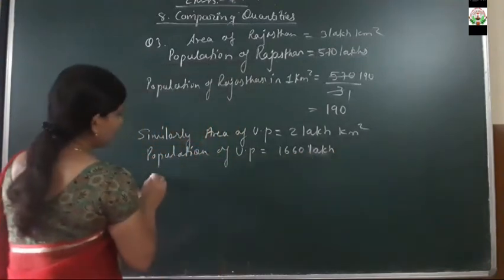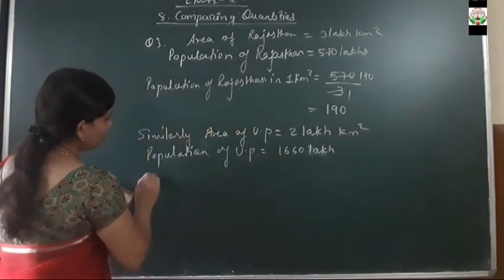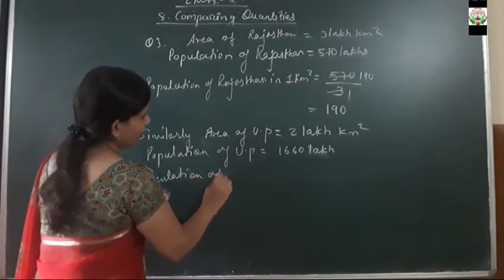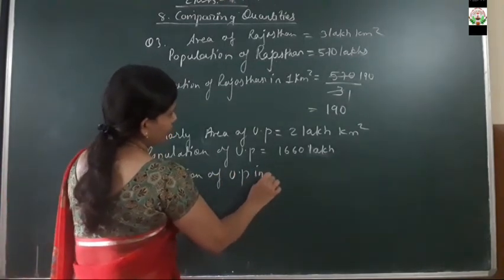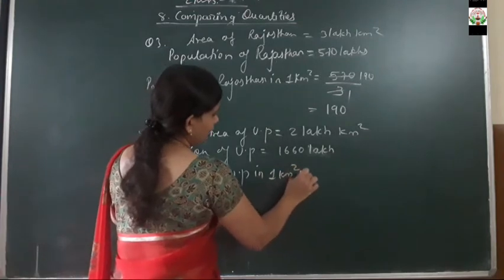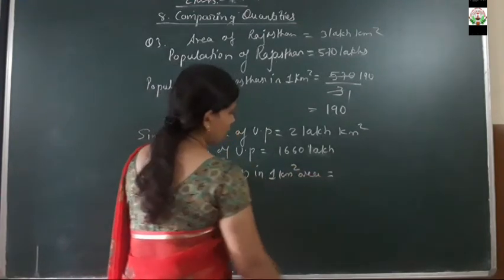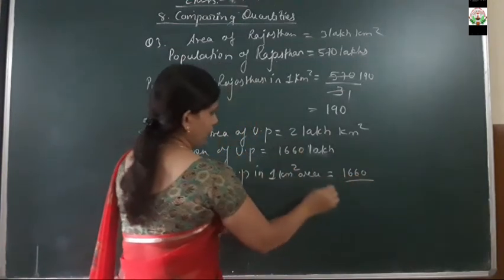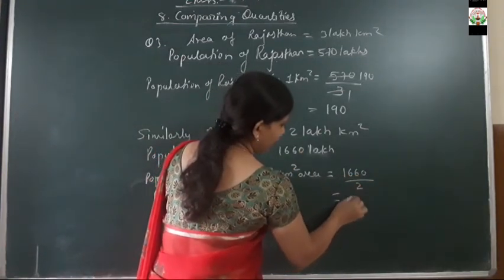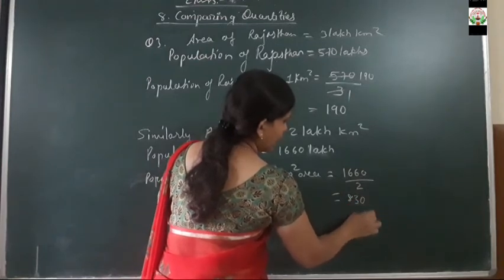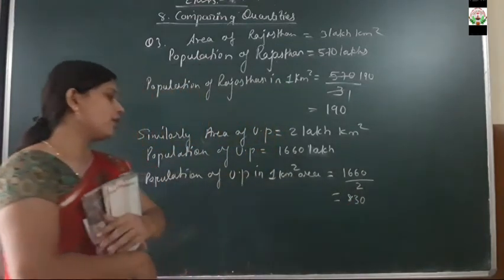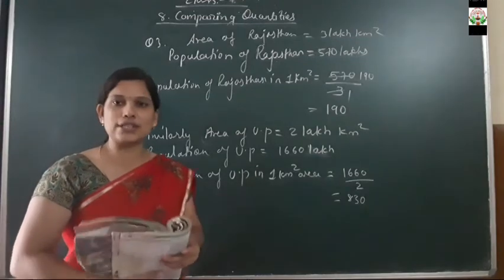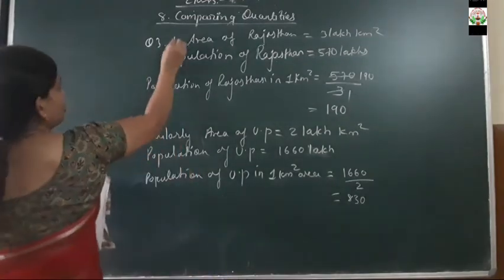Now we want to find out the population of UP in 1 kilometer square area. This is equal to 1660 upon 2. So here it will become 830. This is the answer for the first part A of the question. Question number 3, A part.